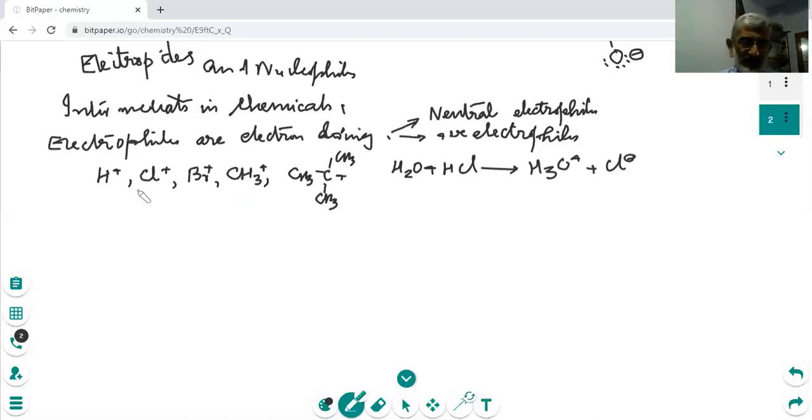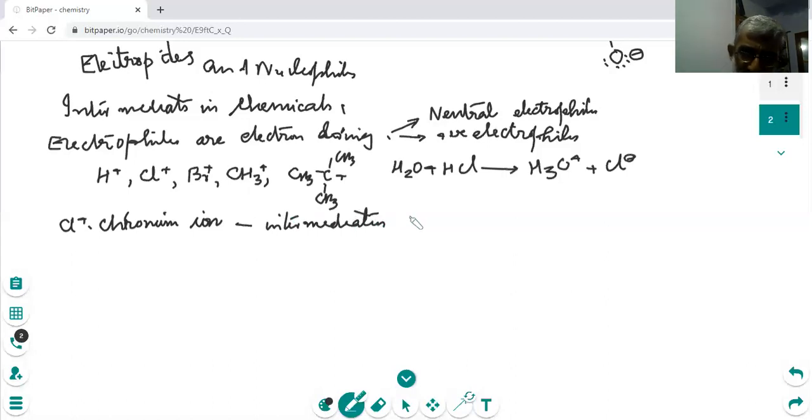Why don't we look at Cl plus? Cl plus is known as chloronium ion. And chloronium ion is an intermediate in the Friedel-Crafts alkylation reaction.